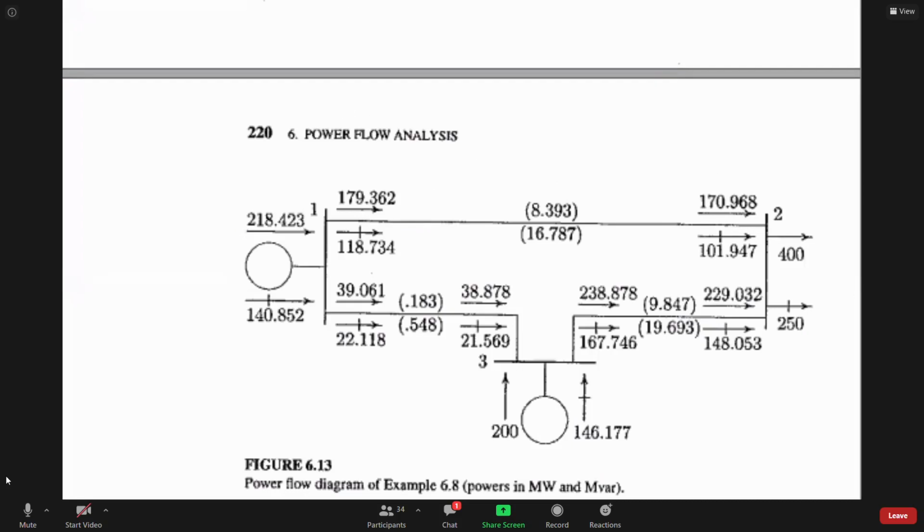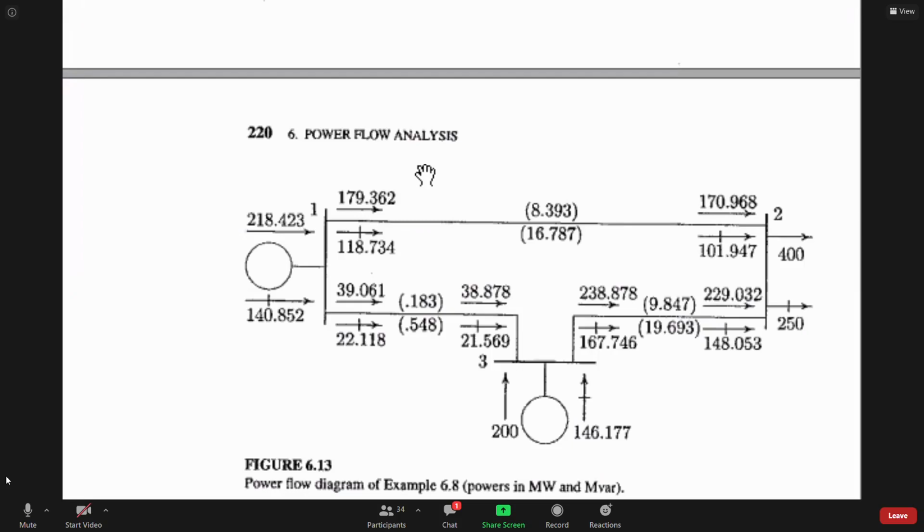Try to practice this iterative solution problem. Otherwise, if you just observe or check, it will not give you the total idea. It will be time consuming, and you have to be very careful regarding the calculation, otherwise you may make mistakes.